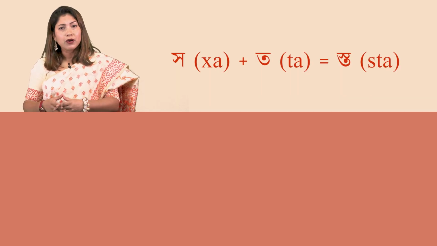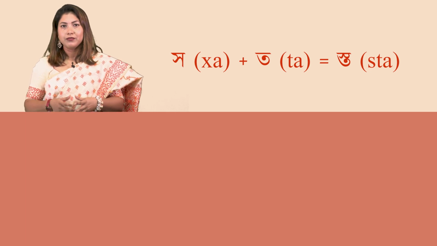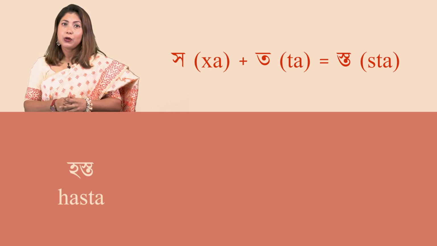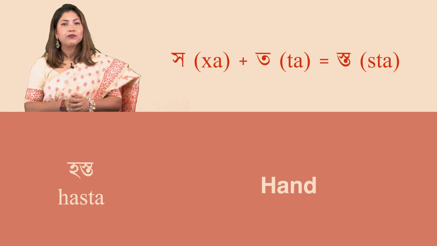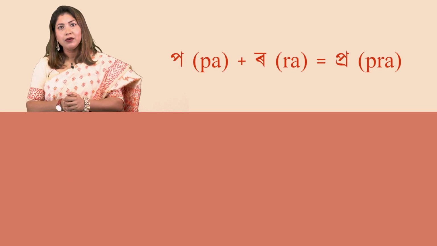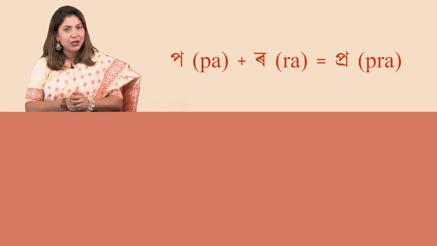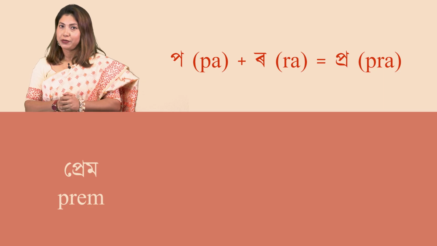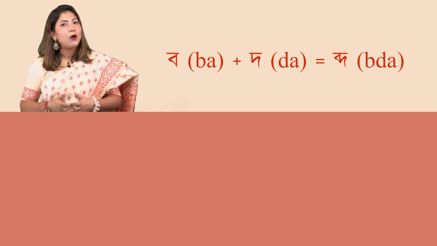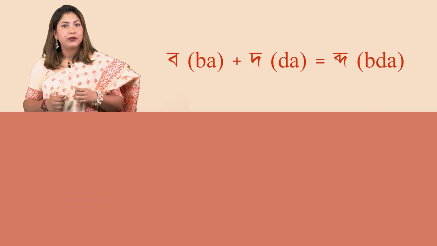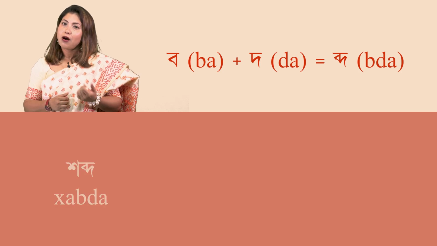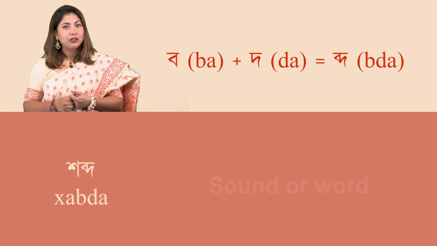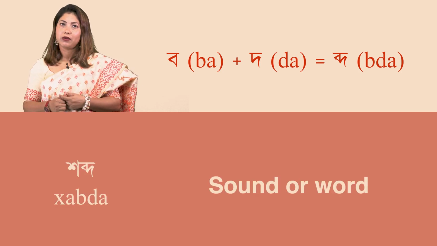Again, let us have some more commonly used clusters such as sa and ta, sta. For example, hosto, which means hand. Pa and ra, pra. For example, prem, which means love. Ba and da, bda. For example, shobdo, which means sound or word.